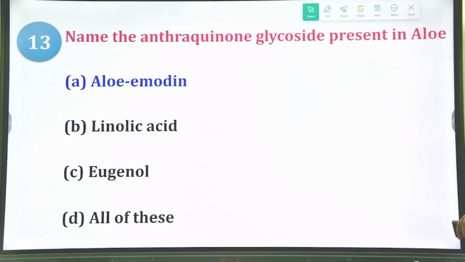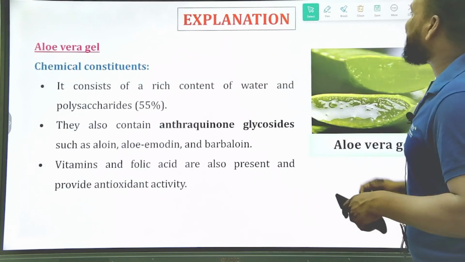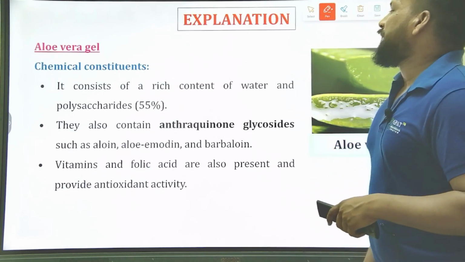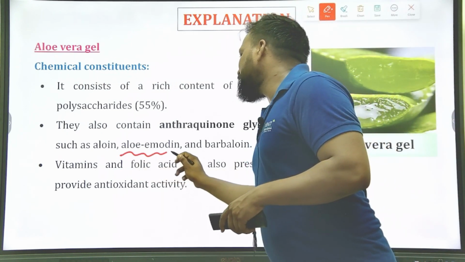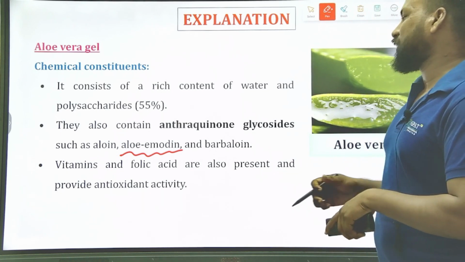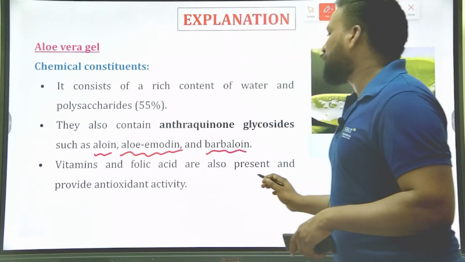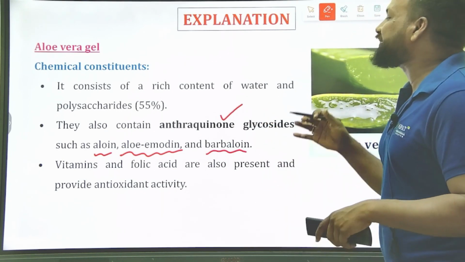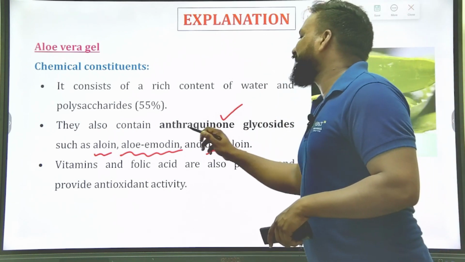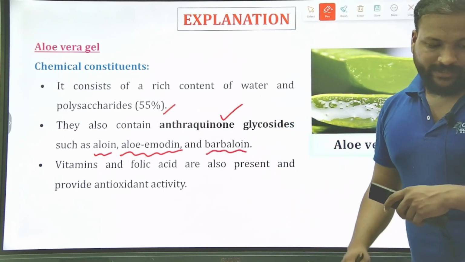Yes, aloin is the right answer, because aloe contains aloin and barbaloin, which are the anthraquinone glycosides, along with water and 55% polysaccharides. Clear?